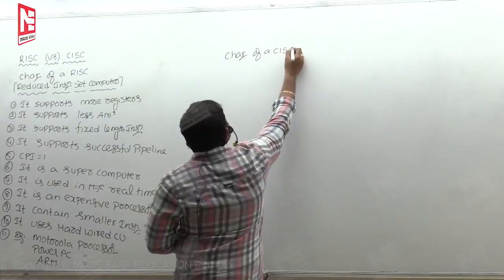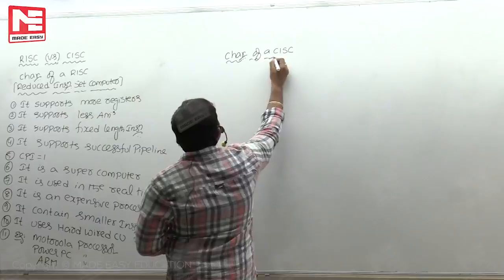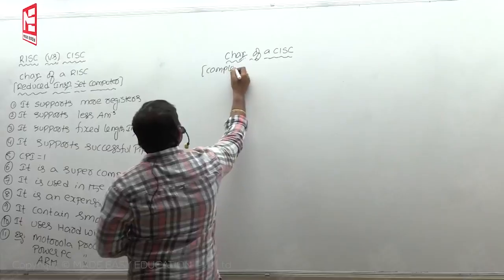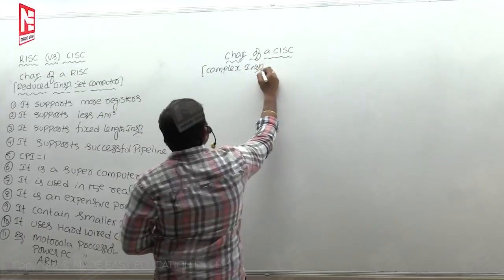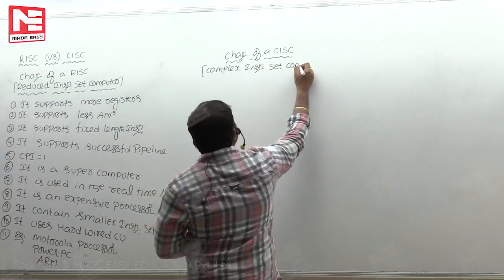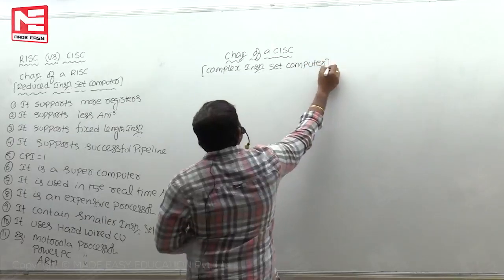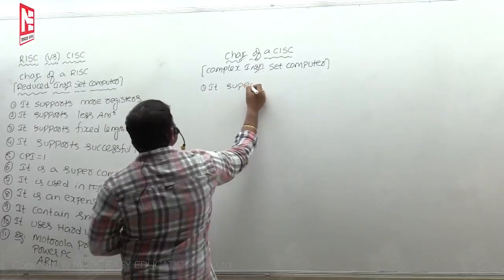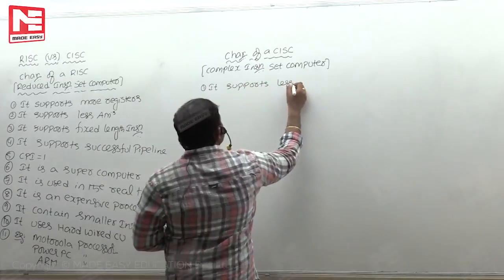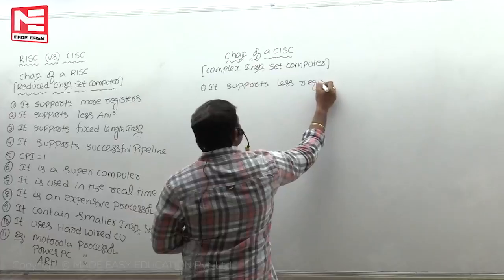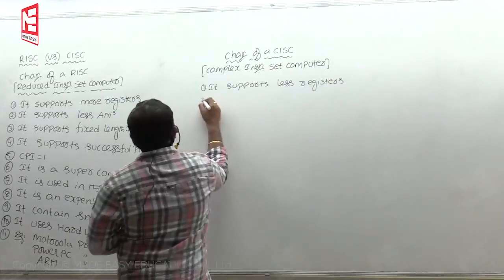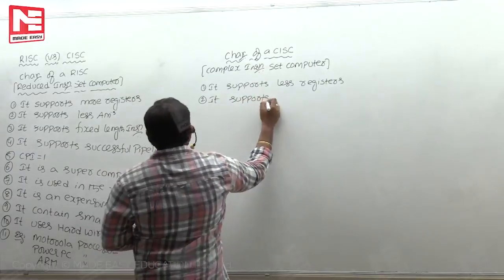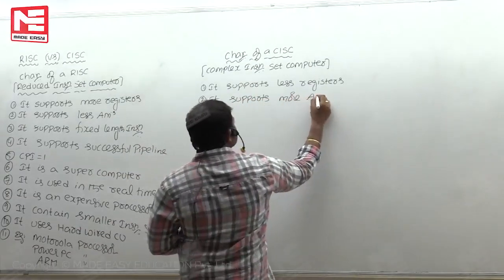Characteristics of a CISC. Full form is complex instruction set computer. Okay, first one, it supports fewer registers. It supports more addressing modes.